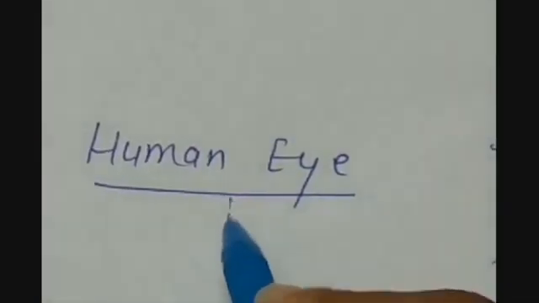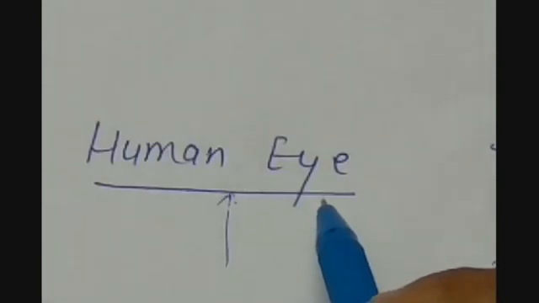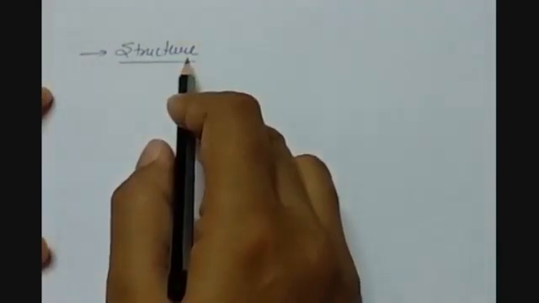So this makes the human eye the most important part of our sense organs. So without wasting the time, let us first understand the structure of human eye.